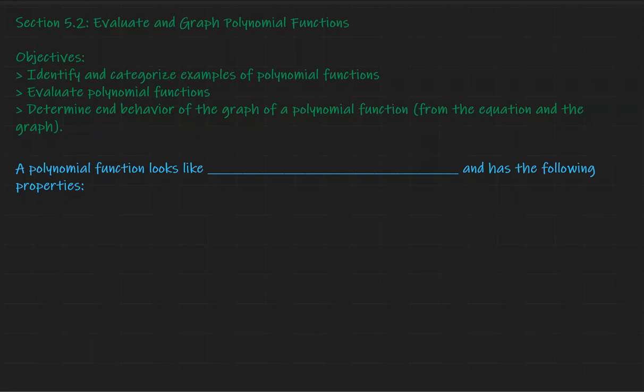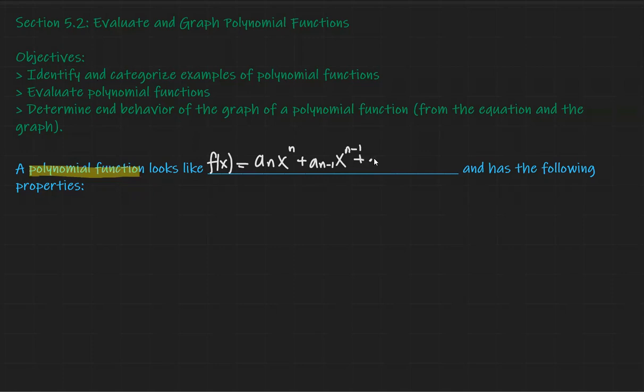Let's start off with looking at what it looks like. A polynomial function looks like this. It's a function, we have f of x, and it looks something like a sub n times x to the nth power, plus a sub n minus 1, with n minus 1 in the subscript, x to the n minus 1, with n minus 1 in the exponent.